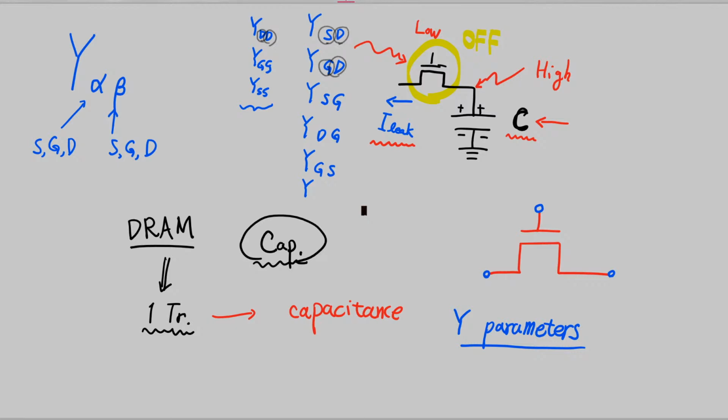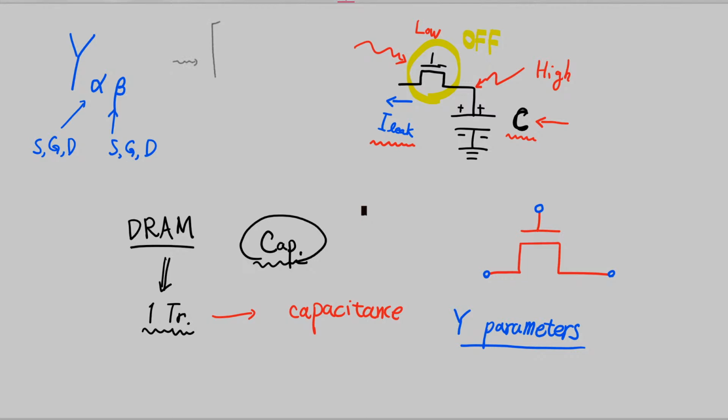So in this three terminal case, you can think about 3 by 3 different quantities. So in total 9 different quantities. Roughly you can think about a matrix which is given by y something, y something, y something.